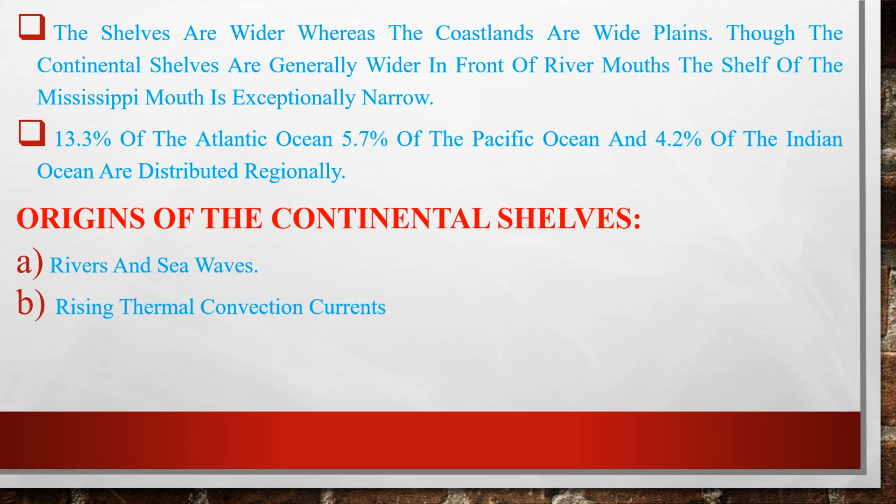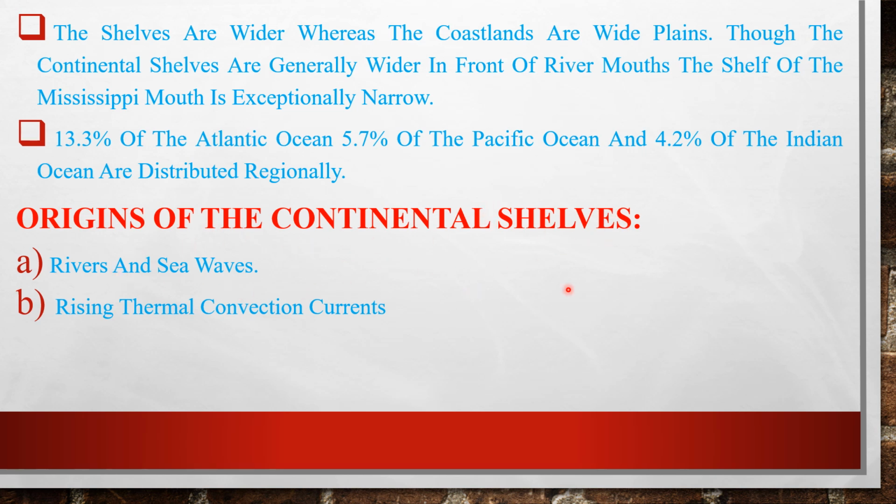So in the western part of South America the continental shelf is narrow. Now I will discuss the distribution of the continental shelf. 13.3% of the Atlantic Ocean, 5.7% of the Pacific Ocean, and 4.2% of the Indian Ocean are distributed regionally.